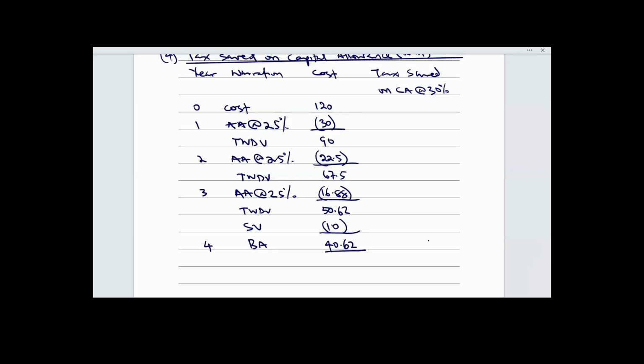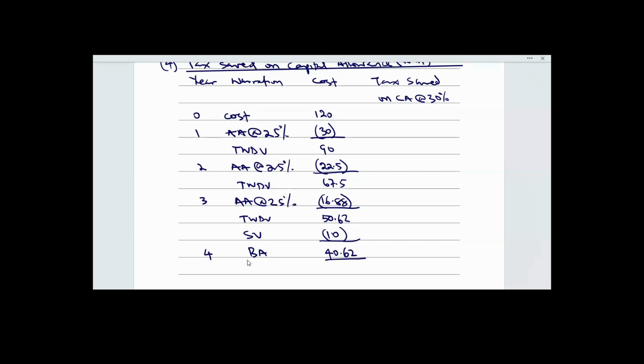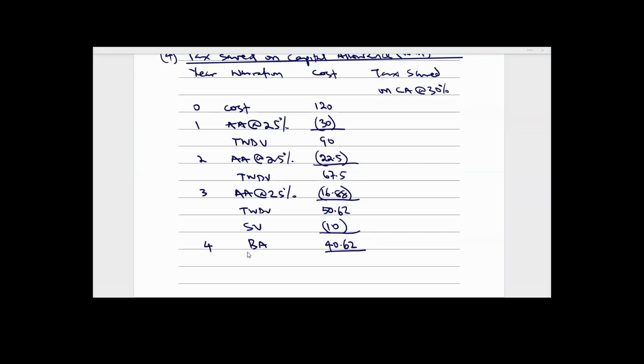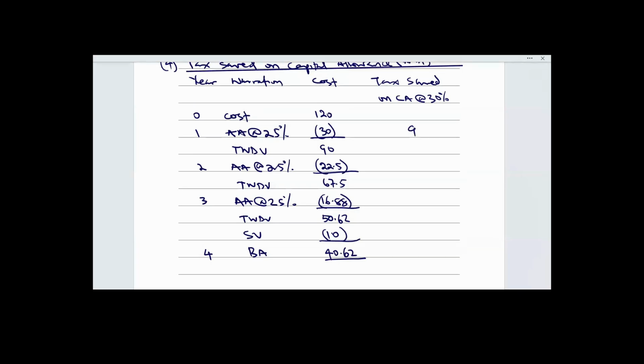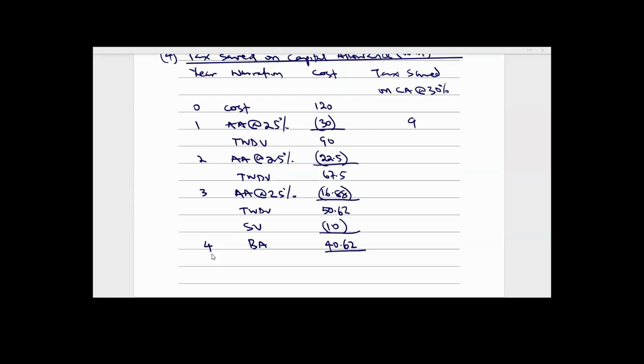So in this case, to get my tax saved, I need to multiply the company tax rate by the capital allowance for each year. The first year capital allowance is 30. So I will say 30 multiplied by 30%, which is 0.3. That's 9. So tax saved on capital allowance in the first year is 9. Then I go to the second year. Capital allowance is 22.5. 22.5 multiplied by 0.3 equals 6.75.